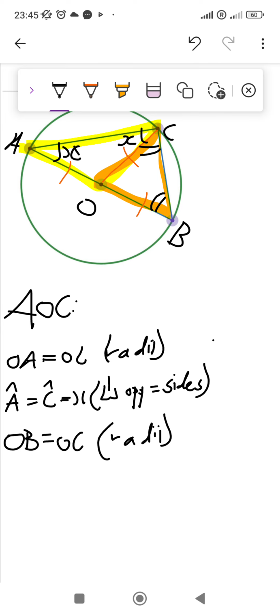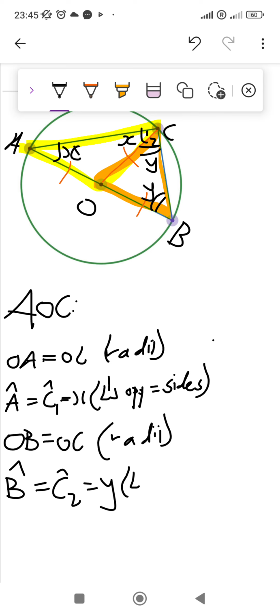Let's call them y. So that's going to be y, and this is going to be y. Okay, so let's say angle B is equal to, let's just name these ones because there's two C's, so let's not get confused. That's C1, and then this one is going to be C2, and I'm calling them both y. Reason again, angles opposite equal sides.